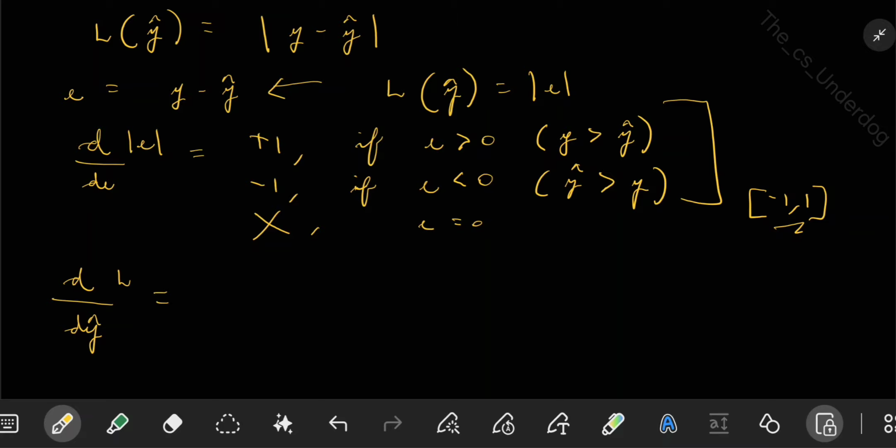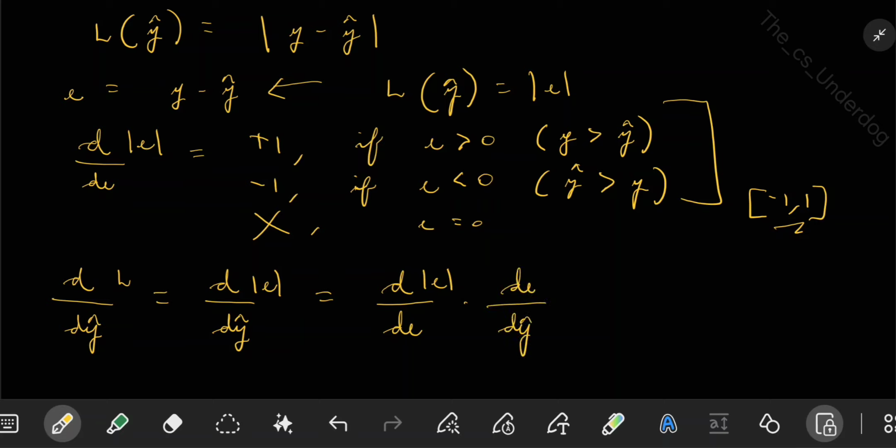According to the chain rule, d by dy cap of mod E is d by dE of mod E into dE by dy cap. This is the chain rule.